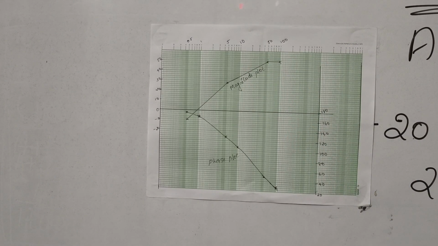The question is not complete yet, because the second part asks to find the value of K for a gain crossover frequency of 5 radians per second. At 5 radians per second, the gain obtained is 28 dB. So we can draw another magnitude plot for 5 radians per second.